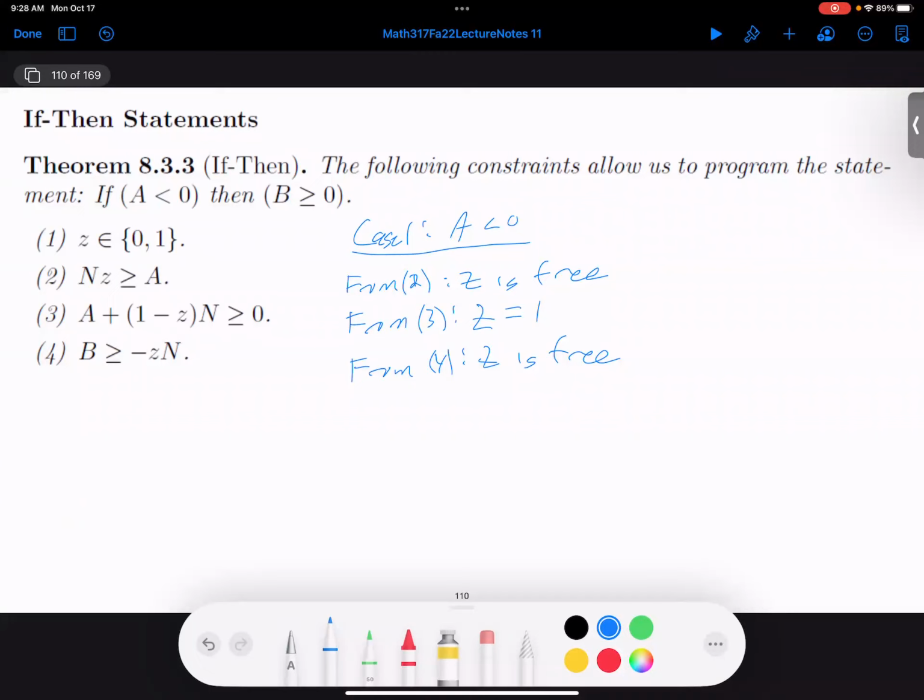So yes. Are we saying that z is 1 and then a is negative, so it's greater? Well, no, because we're assuming in this case that a is less than 0. Oh wait, we want z to be 0, not 1, right? Yeah. Sorry, I wrote the wrong thing. So 3 forces z to be 0.